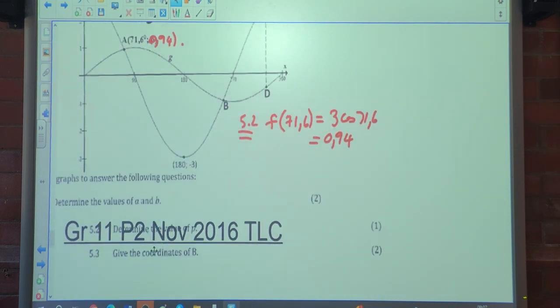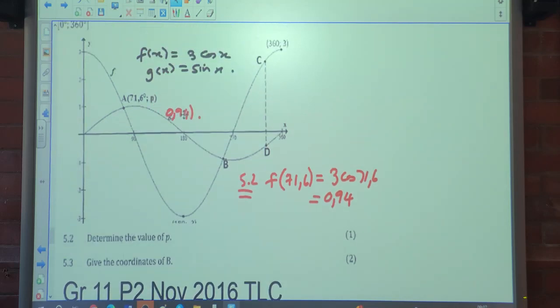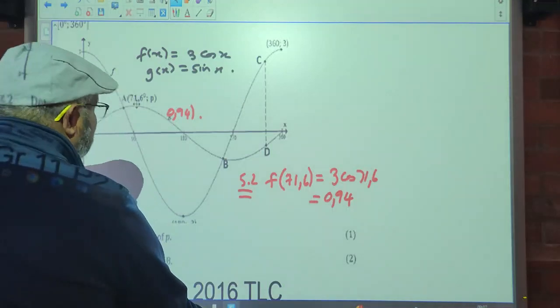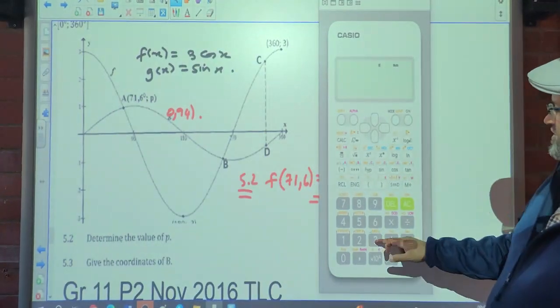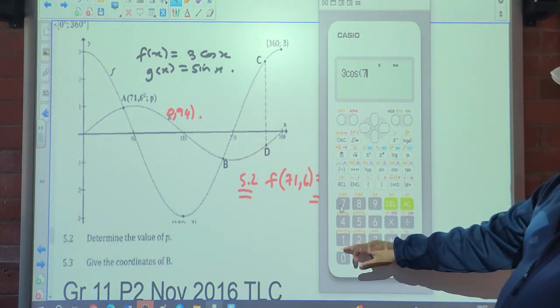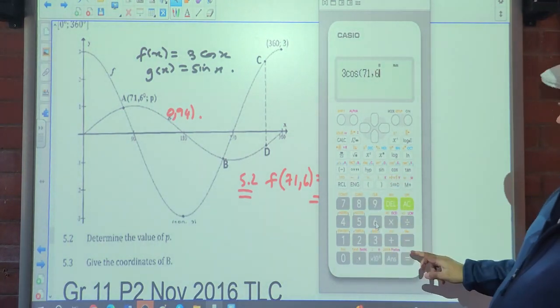Then the question was determine the value of p. And since p was on the coordinate of a, which is 71.6, and p, what I did was I put 71.6 into the f of x graph, so it's going to be 3 cos 71.6.